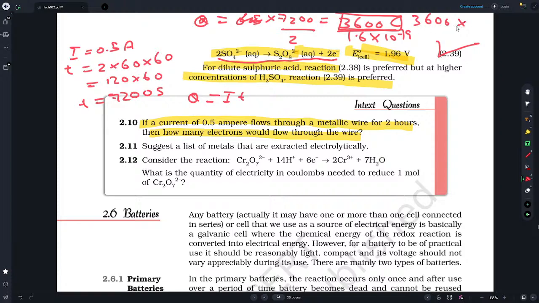It will be 3600 times 10 power 19 by 1.6, which is approximately 2.3 something, so 2300 times 10 power 19, which we can write as 2.3 times 10 power 22.